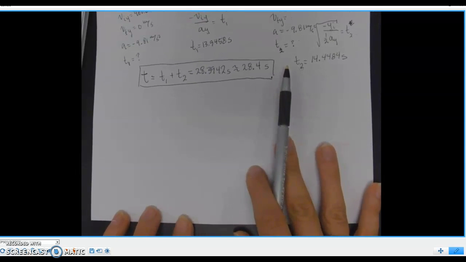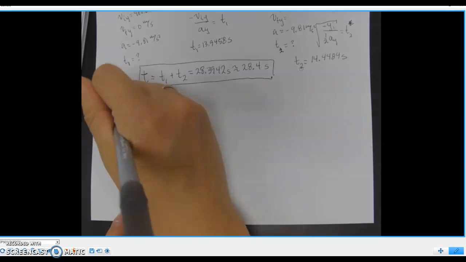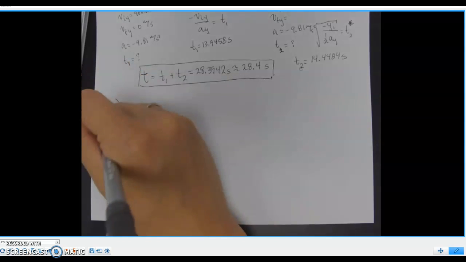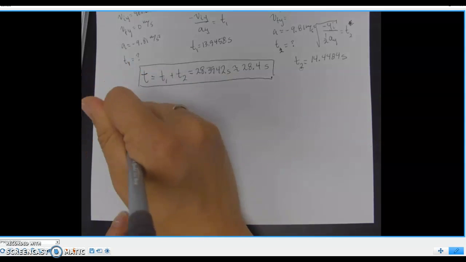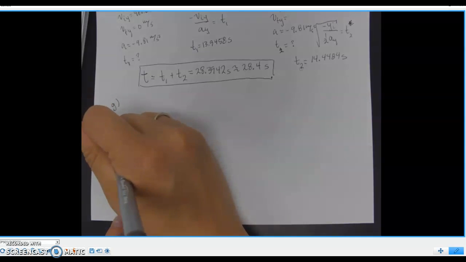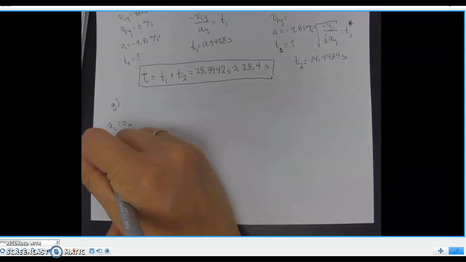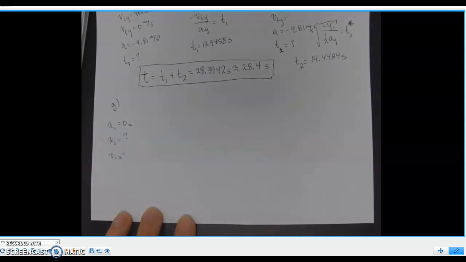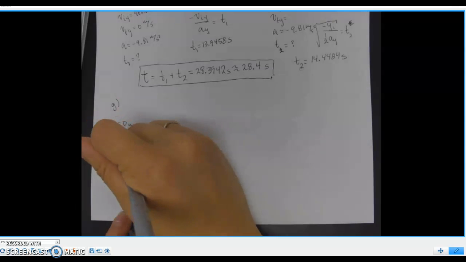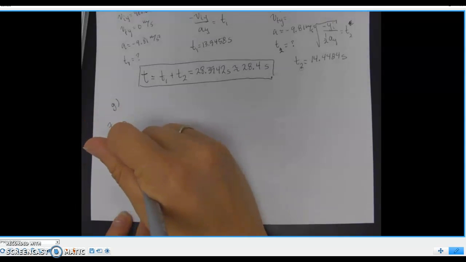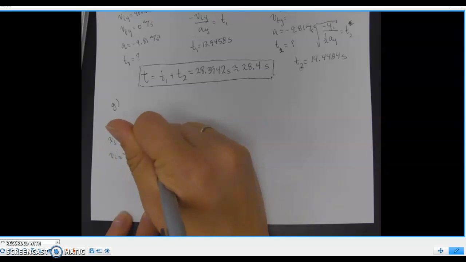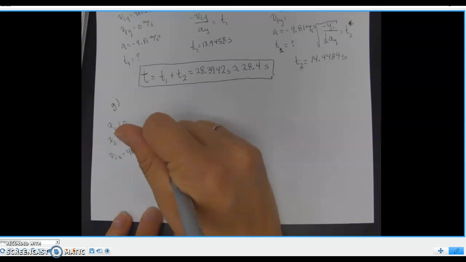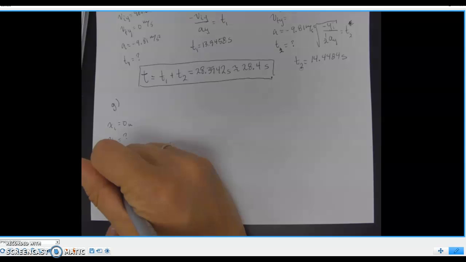then x initial is at the origin. So it'd be 0 meters. X final is what I'm solving for. Velocity initial in the x. Now the velocity initial, though, you figured out way back on part B there, was 400 cosine 20 meters per second.